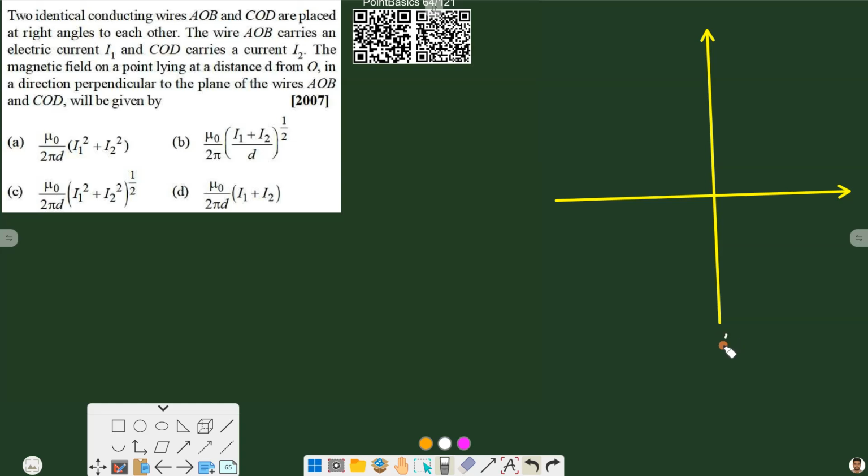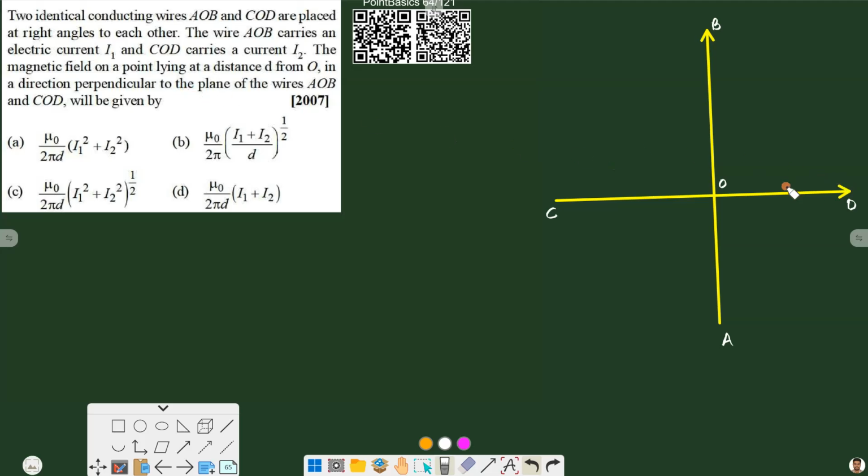Now this is AOB and this is COD. The point lies at distance d from O in the direction perpendicular to the plane of the wires AOB and COD. So our point is such that it is perpendicular to both of the planes.